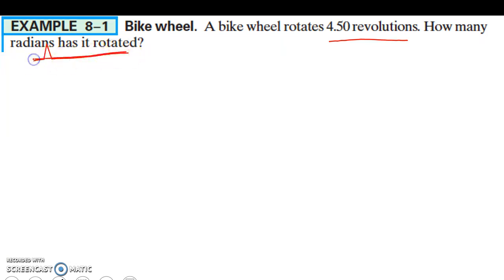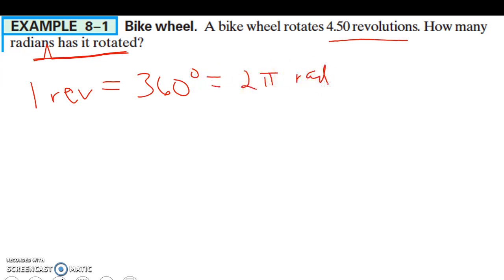This could be something if you're trying to find angular velocity, you need to get to radians to get there. But just remember, anytime you start talking about revolutions and radians, one revolution is a circle, one circle is 2 pi radians. And if you know those conversions, you can convert any number of revolutions into radians. 4.5 revolutions, right?